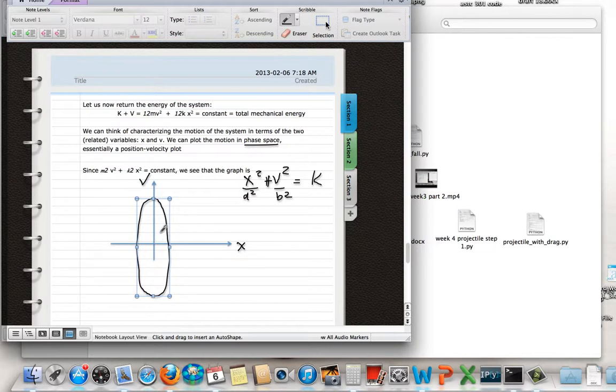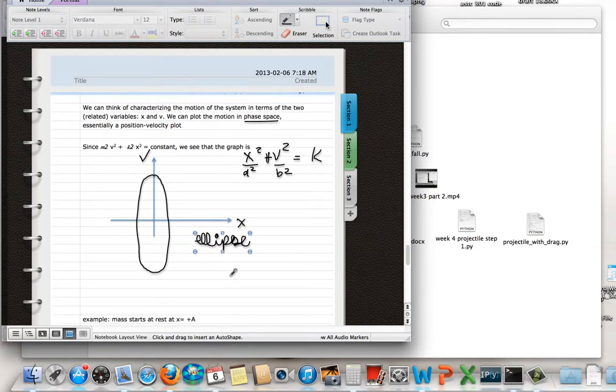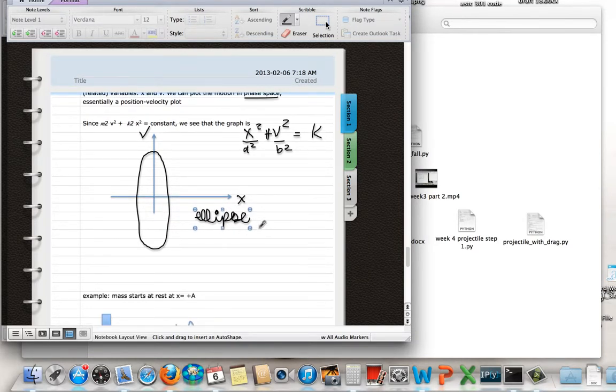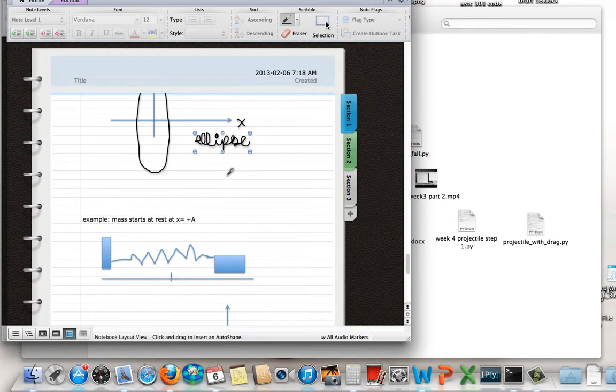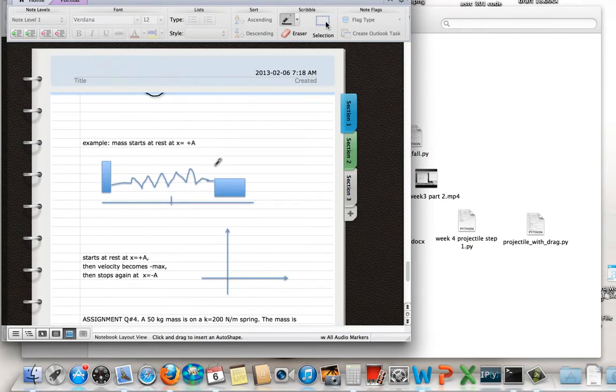So we can't a priori say which way the ellipse is squashed, but we can say that it will be an ellipse. It's possible, of course, to have values of m and k, if they're equal, such that it is circular, but in general it will be elliptical.